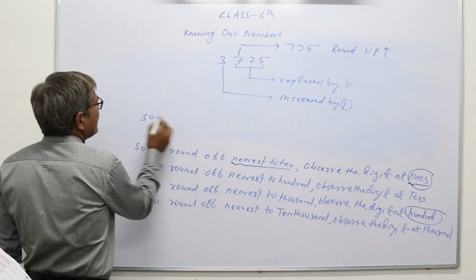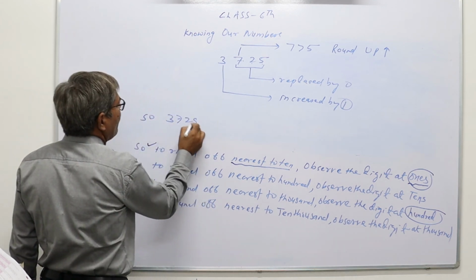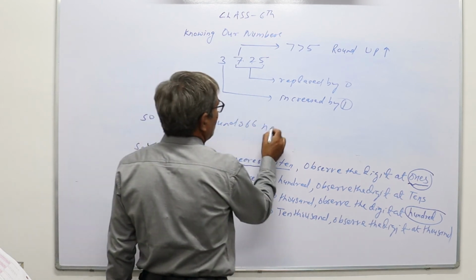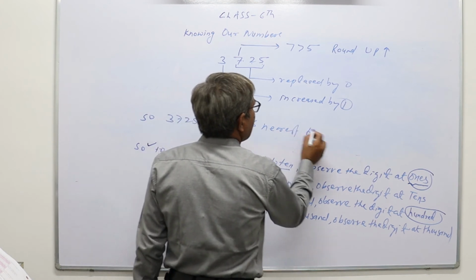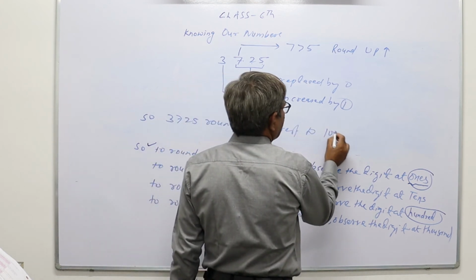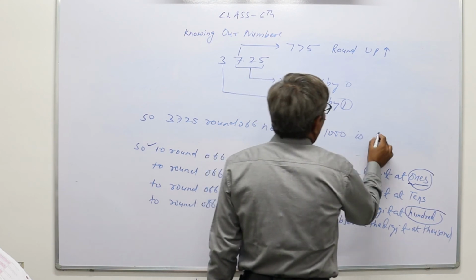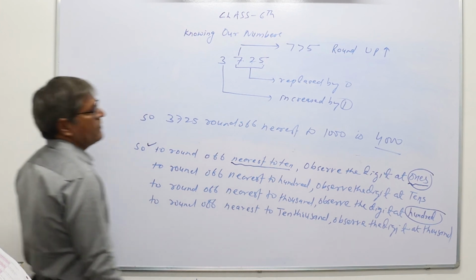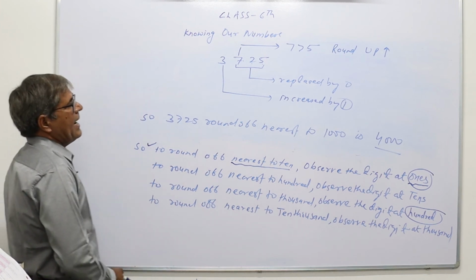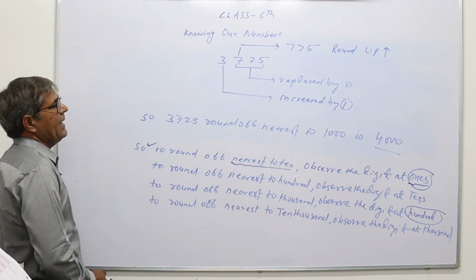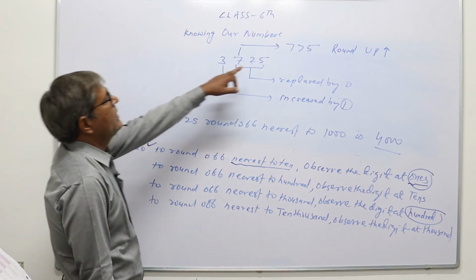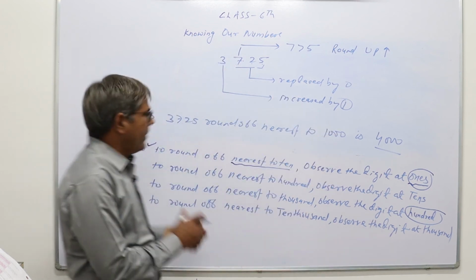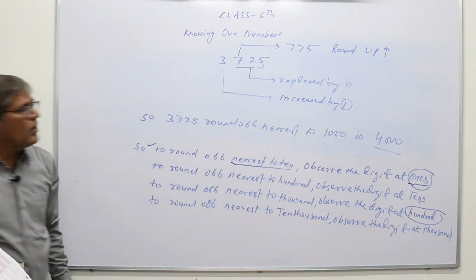So the number 3725 rounded off nearest to 1000 is 4000, because the ones, tens and hundreds places will be replaced by 0 and the digit at thousands will be increased by 1. So 0, 0, 0 and 3 plus 1, that is 4. So the required number will be 4000.